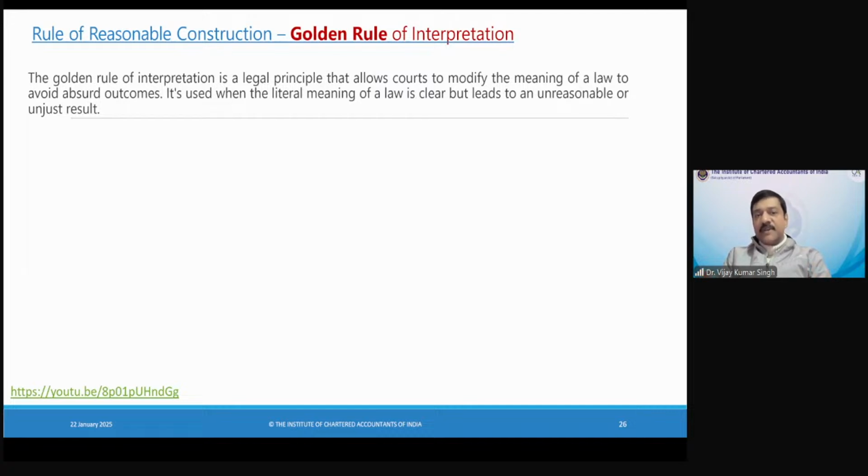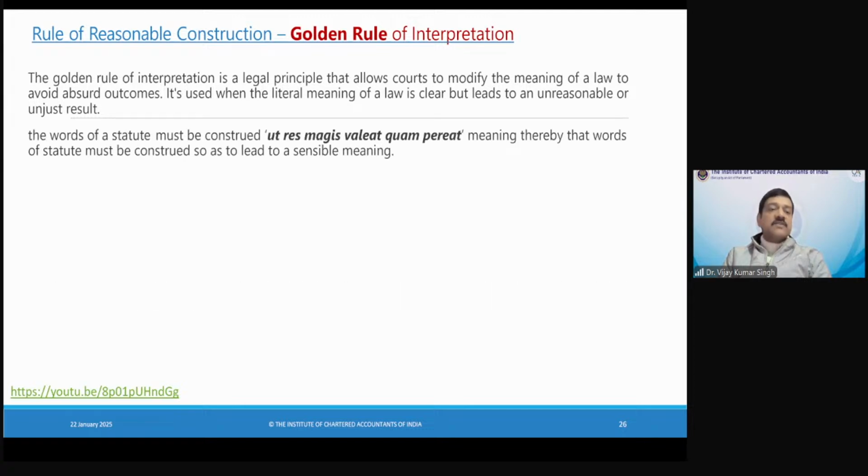So the golden rule of interpretation or reasonable construction is a legal principle that allows the court to modify the meaning of a law to avoid absurd outcomes. It's used when the literal meaning of the law is clear, but leads to an unreasonable or unjust result, right? The words of a statute must be construed ut res magis valeat quam pereat, meaning thereby the words of a statute must be construed so as to lead to a sensible meaning, right?